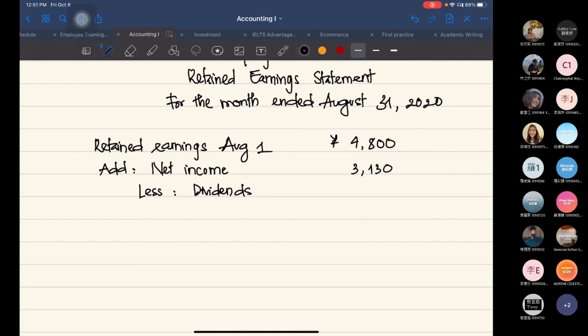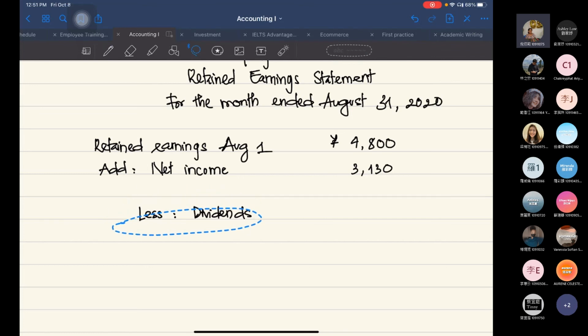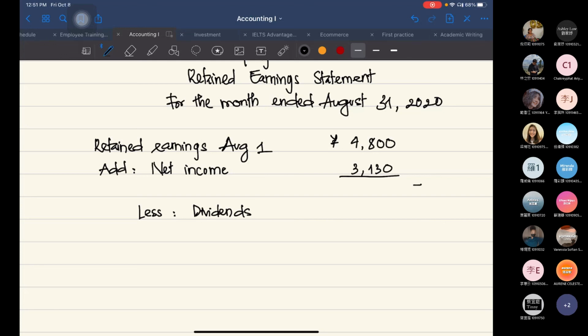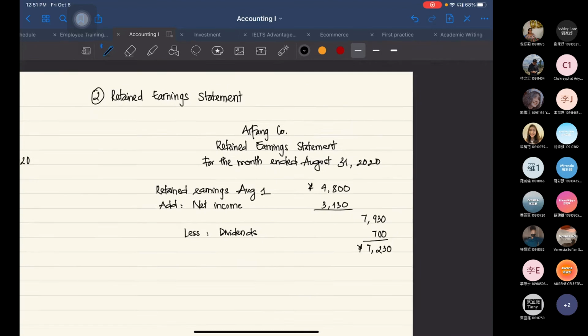How much did it pay for dividend? 700. Yes. This one you can sum here as 7,930, and this one minus 700. So which means we only have 7,230. Yeah, that's it. Is it clear?